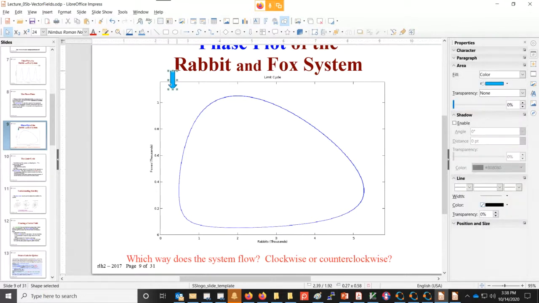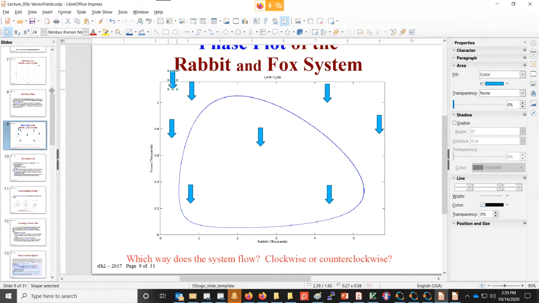And then I'm going to take the derivative at this point, and this point, and this point, and over here, and over here. I'm going to take the derivative all over the place for this plot.